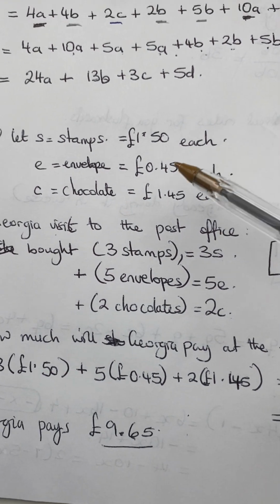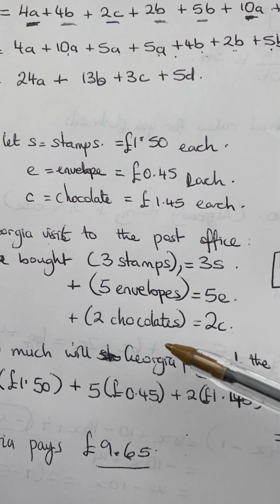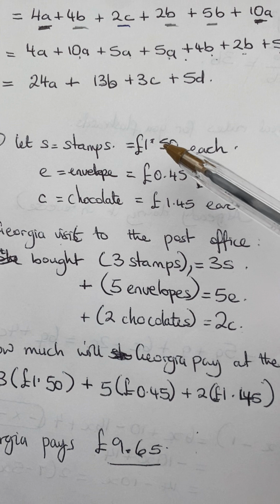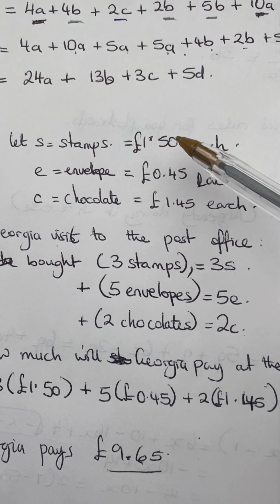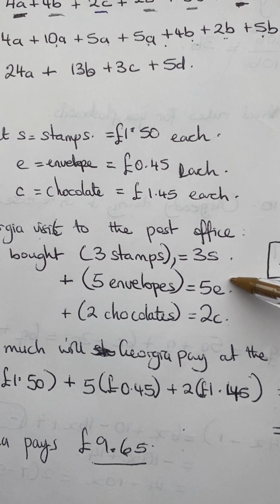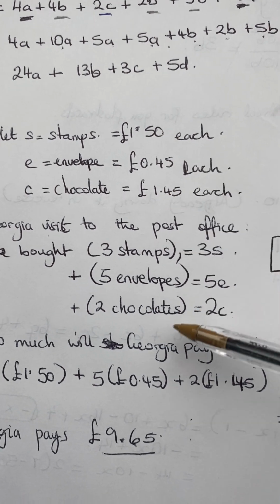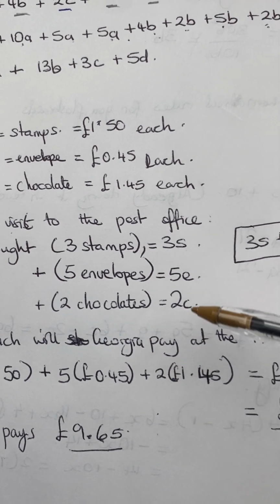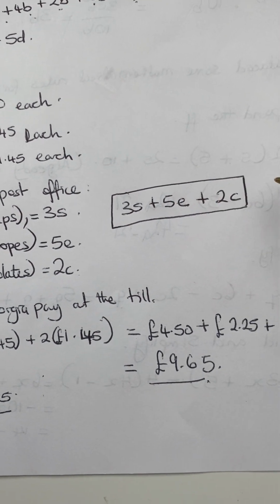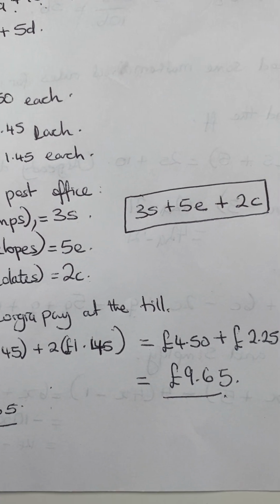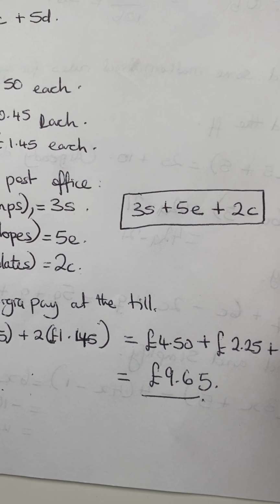Okay, this is an example of substitution, because you are substituting the value of what she bought into the variables. So far we've been seeing variables and we don't know what they mean, and we've been just leaving them.